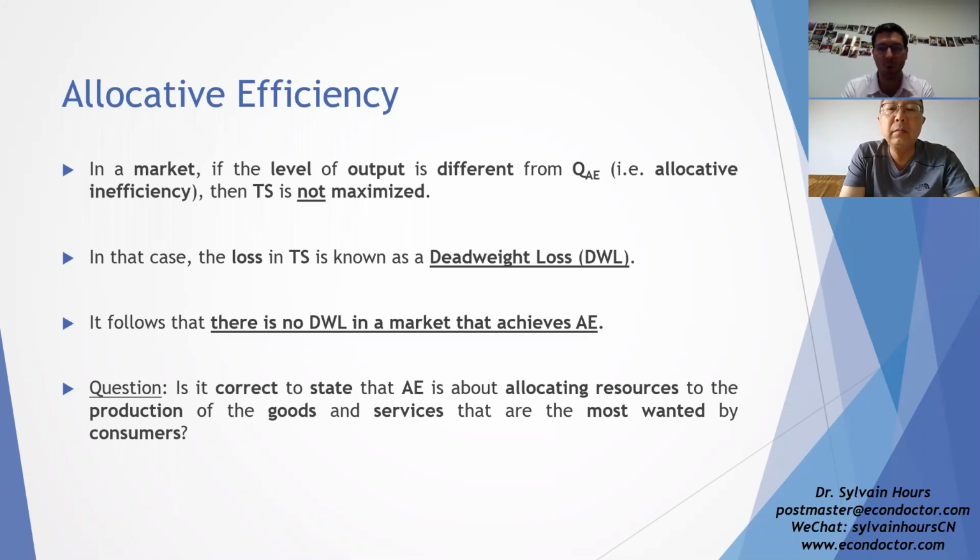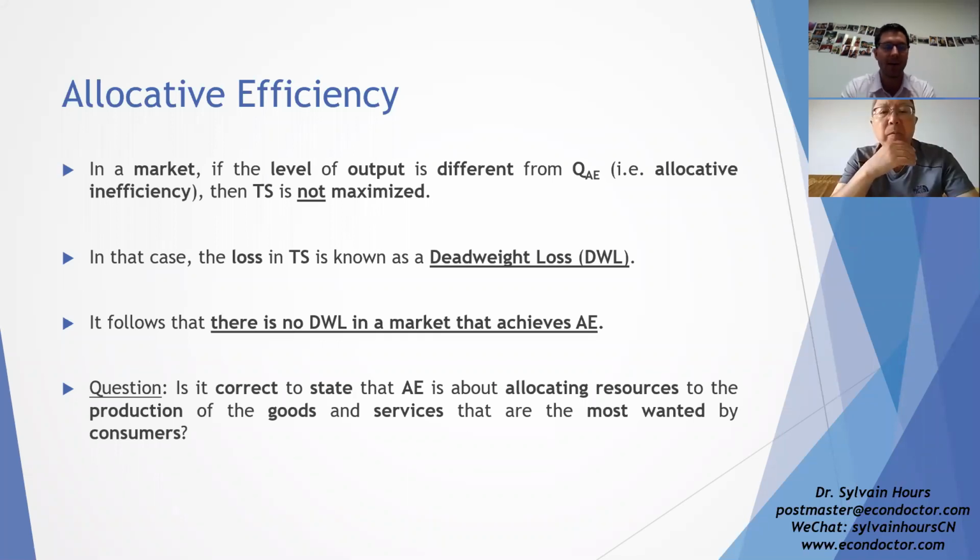It is one important criterion that we must take into account if we want to achieve allocative efficiency, but we must also take into account the cost of production. If there is a product that is very highly valued by consumers, but that is very, very expensive to produce, we might very well choose to allocate very few resources to its production.